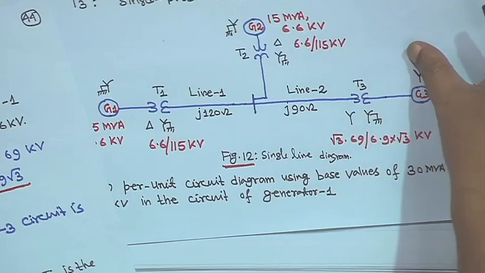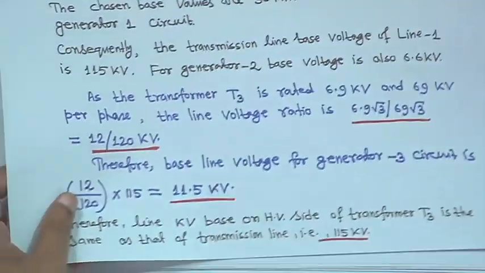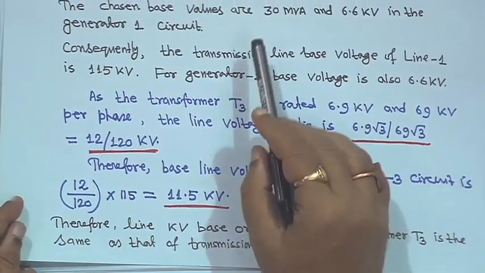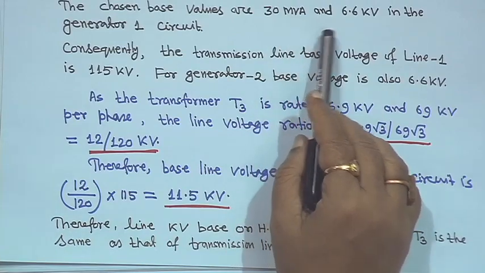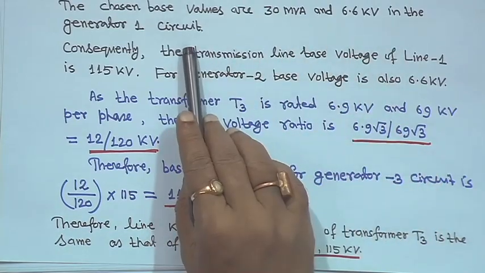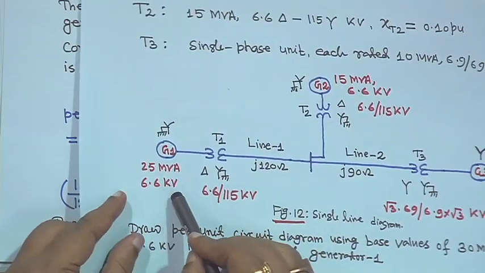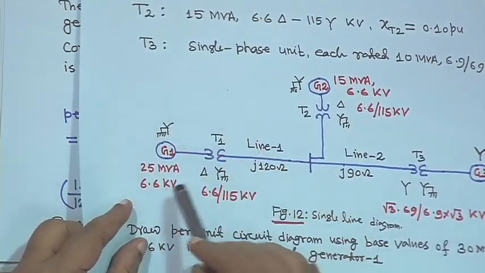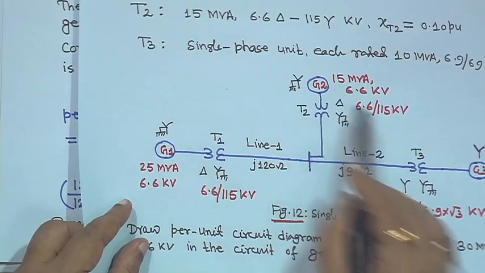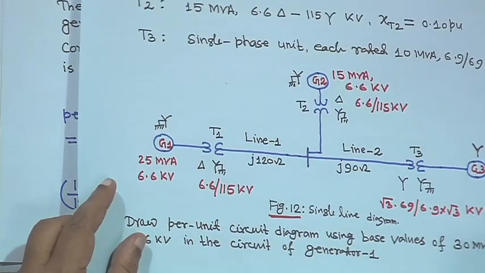So, how will we do this? The chosen base values are 30 MVA and 6.6 kV in the generator 1 circuit. That means this side you take 6.6 kV, and the base is 30 MVA, although the generator ratings are 25 MVA, 15 MVA and 13 MVA.